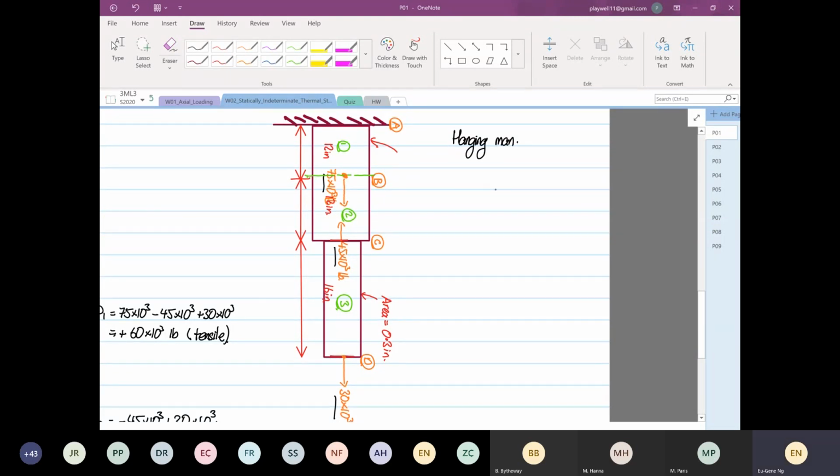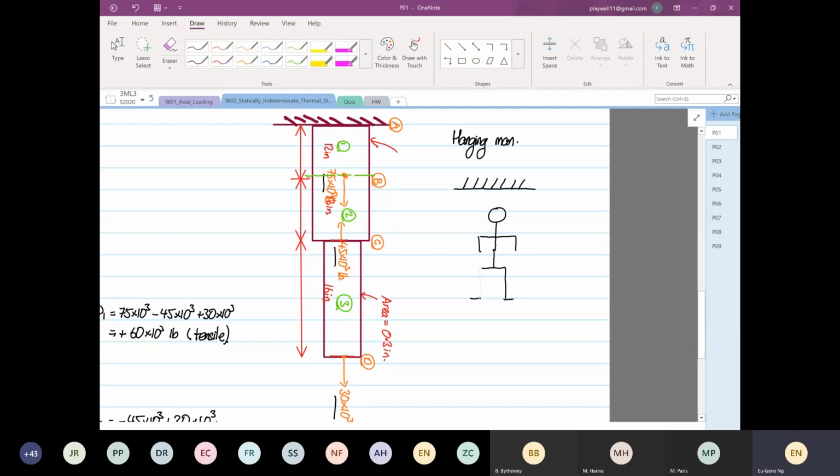So we have a man that's going to be hanged. And over here is his head. I'm not being funny down here, okay? I'm just drawing. And then this is his upper torso, and then these are his legs.